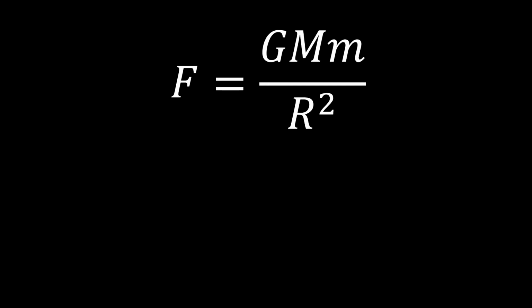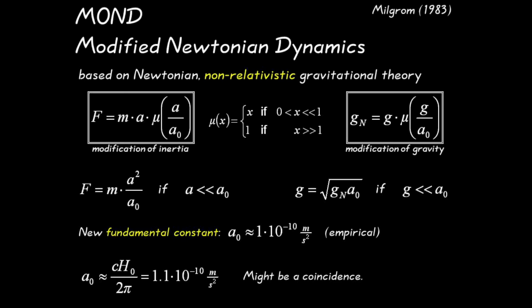If that were the case, this would actually explain why stars and galaxies behave as they do, and this is called the modified version of Newtonian gravity, termed MOND, or modified Newtonian dynamics. So it's definitely interesting. F equals M times A times mu of A over A0.